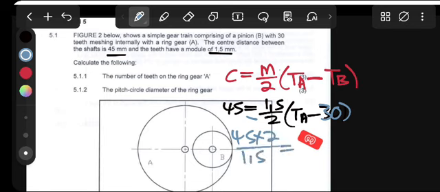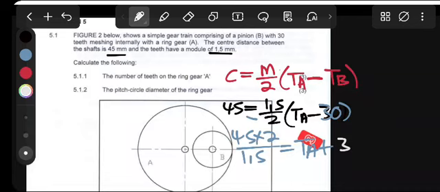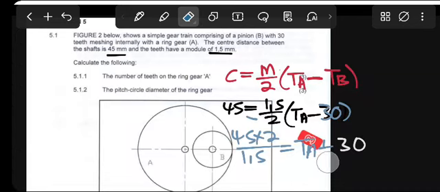Sorry about that, I'm making a mess. This is not a plus. I've just said this is a minus.